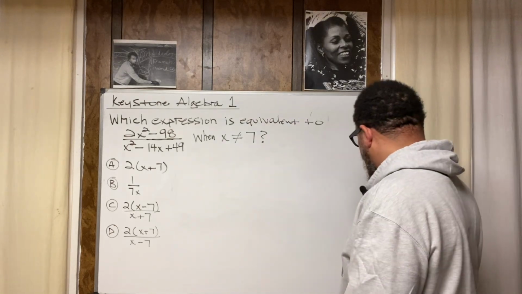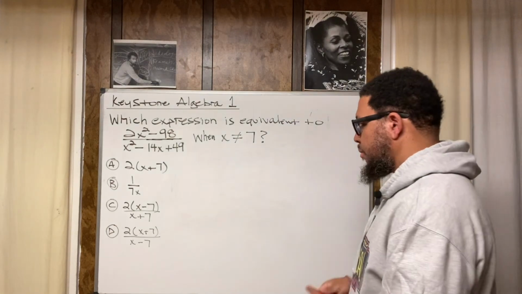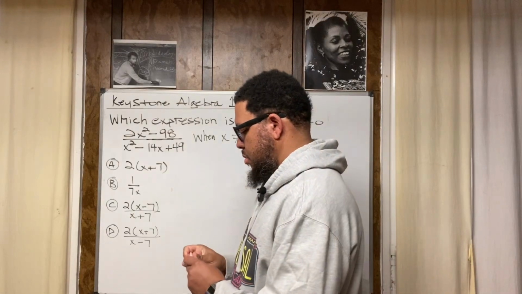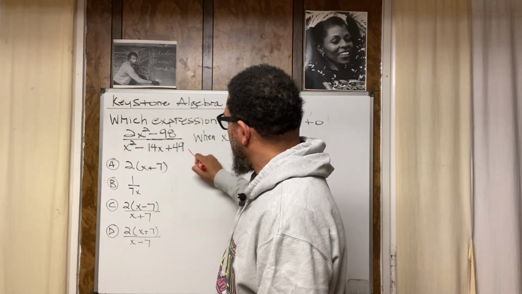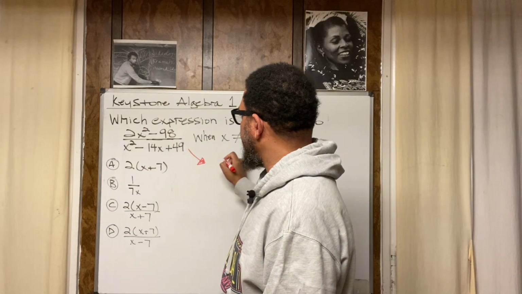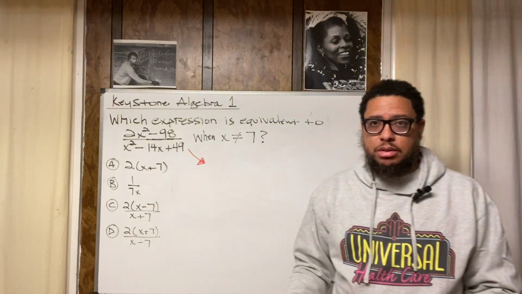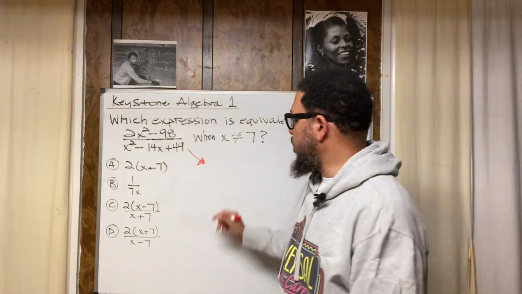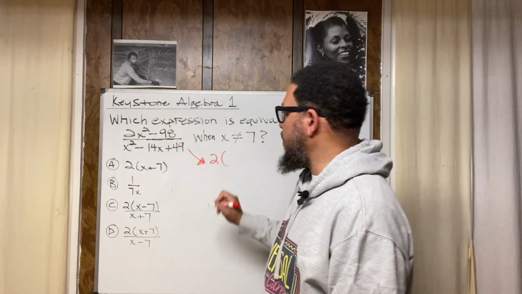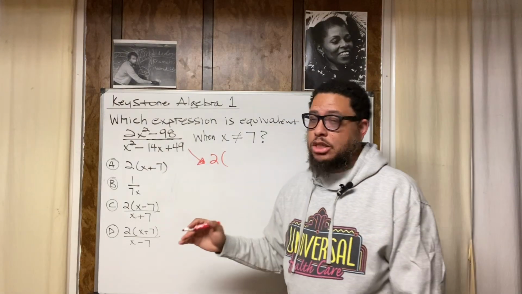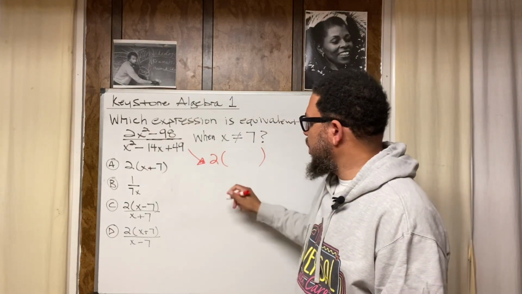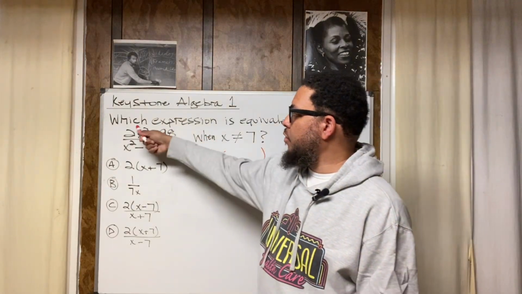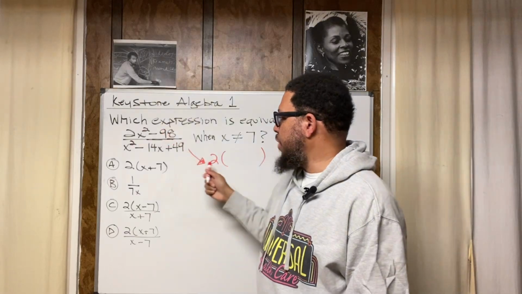So let's start factoring. So we're dealing with the numerator first, right? So the greatest common factor is 2. So therefore, we're going to write 2, and then we're going to write parentheses. And then inside the parentheses, we're going to put the quotient of the original terms divided by 2.